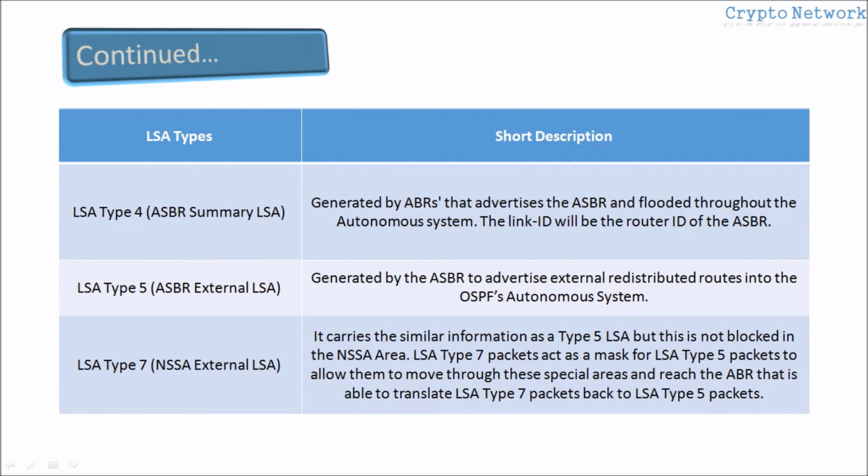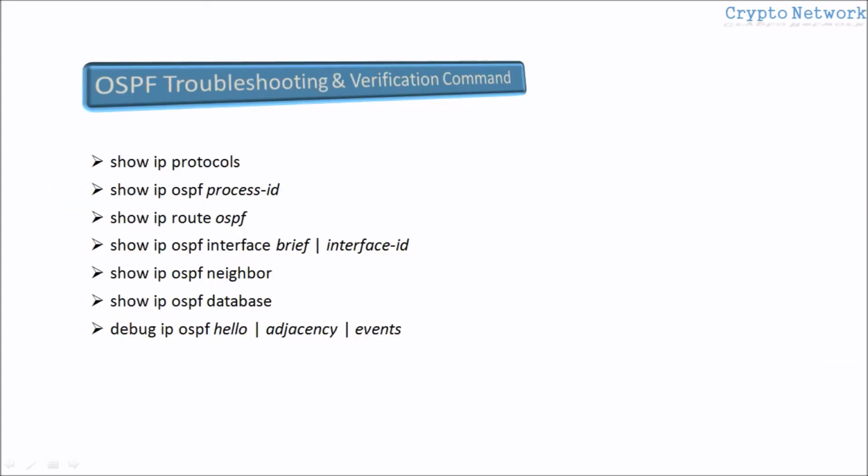So finally, we configured OSPF and it is time to troubleshoot and verify. We have show ip protocols and show ip ospf process ID. Show ip ospf provides information about the OSPF process and its details.